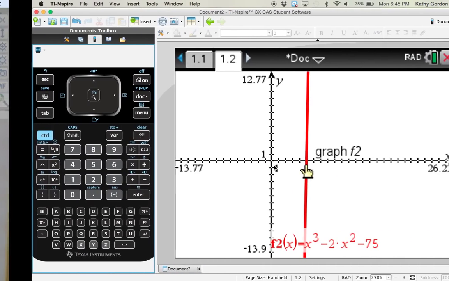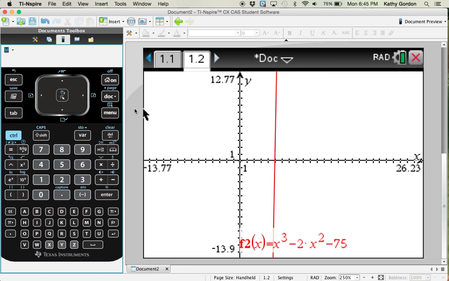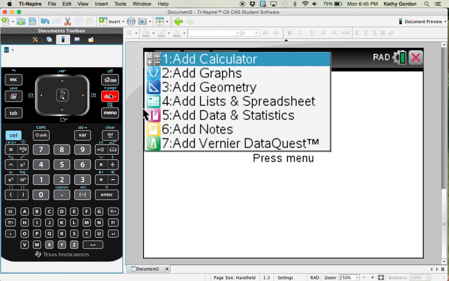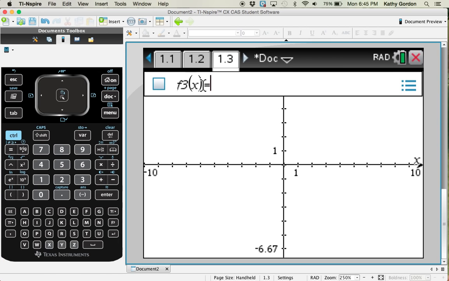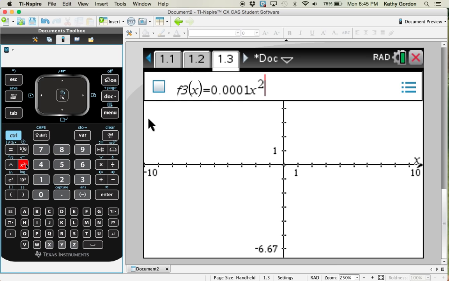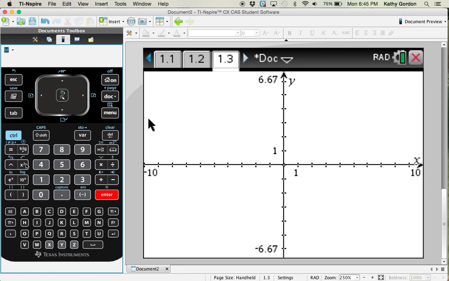So let's go to the calculator. Once again, we can go to our graphs to help us. So if I graph 0.0001 x squared minus 48x plus 5,400,000, and hit enter, at first you may think that you've made a mistake.